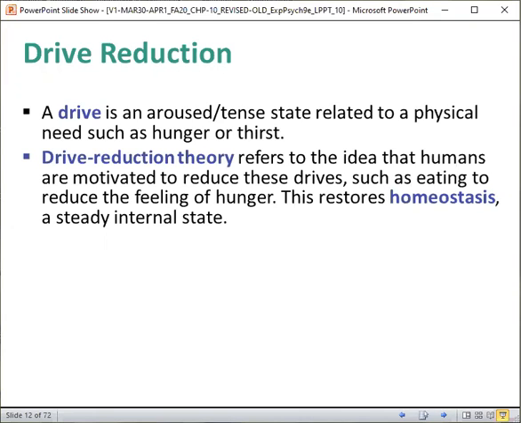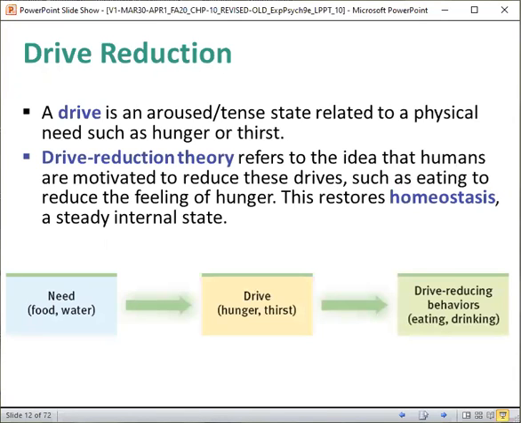So a drive could be anything, usually something physiological that we need to take care of because our body requires it. And the ones that you should really think of are going to be things like food and water. So we have a need for food or water that causes within us this state or this drive, again, a tense state related to a physical need, okay? And then it motivates our behavior, drive reducing behaviors of eating and drinking is what it comes down to.